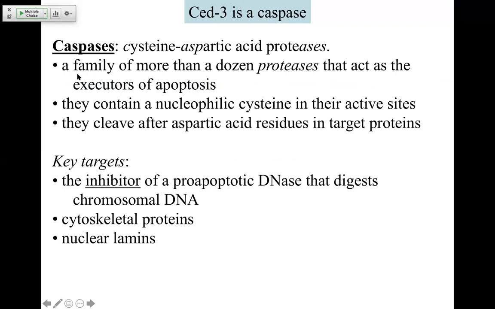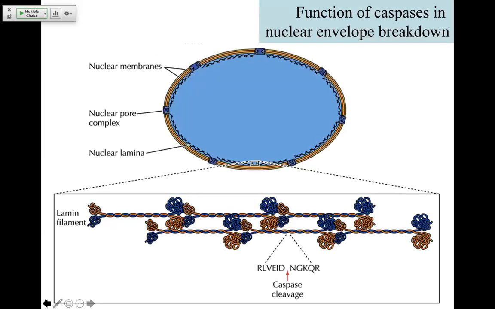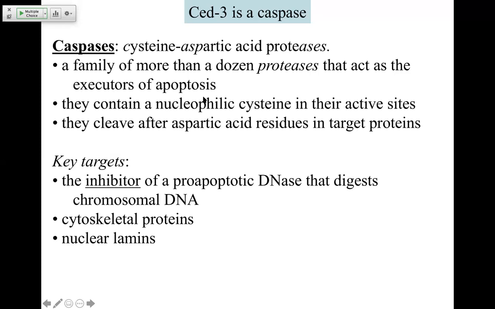CED3 is a caspase, a particular type of protease. We call it a caspase. The C for cysteine, the ASP for aspartic acid. This is one component of a number of caspases. So we, as multicellular organisms, produce a number of caspase proteases. They are the executors. They carry out apoptosis.